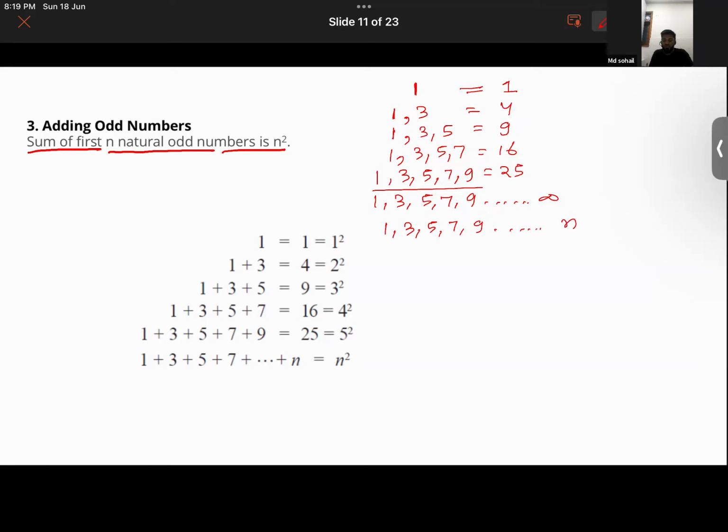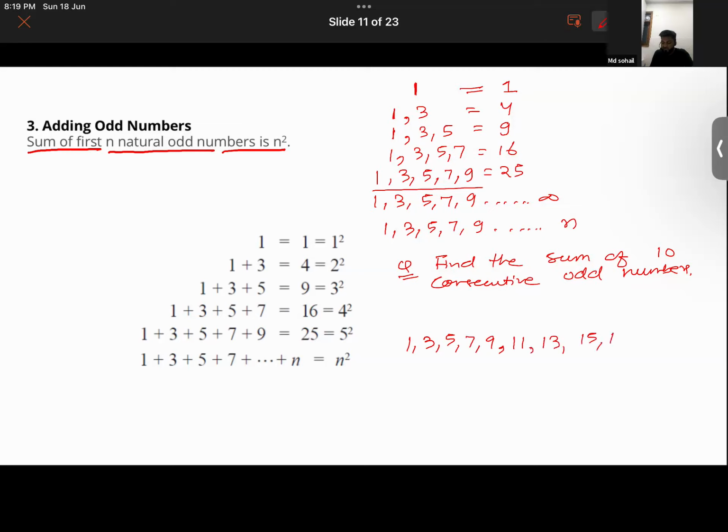So if my question is to find the sum of 10 consecutive odd numbers, you need to write 10 consecutive odd numbers. So we will write 1, 3, 5, 7, 9, then 11, 13, 15, 17. Stop me when the count is 10. How many numbers are there? 1, 2, 3, 4, 5, 6, 7, 8, 9, 10.